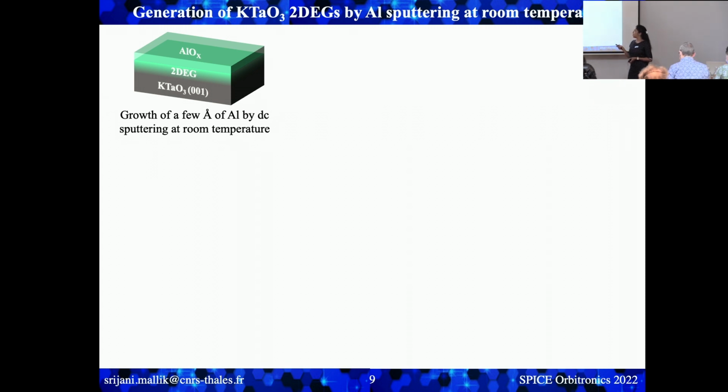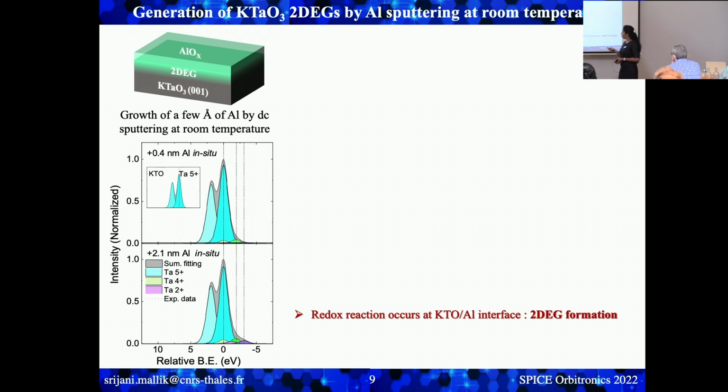So this is what we did: we deposited aluminium by DC sputtering at room temperature on top of potassium tantalate, and we studied the valence states of the tantalum by X-ray photoelectron spectroscopy to know if oxygen vacancies are created in the system. This is the bare potassium tantalate substrate, and here we can see that only the tantalum 5+ state is present. This means there are no oxygen vacancies in the system; it's purely insulating.